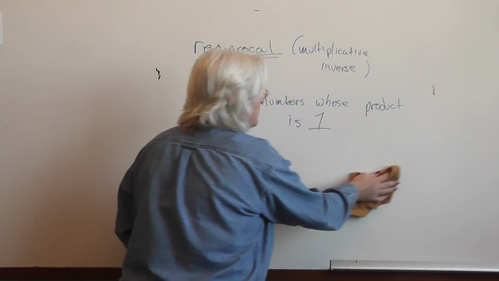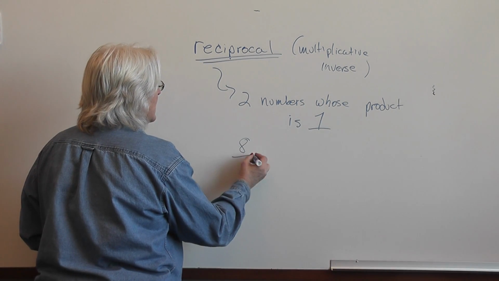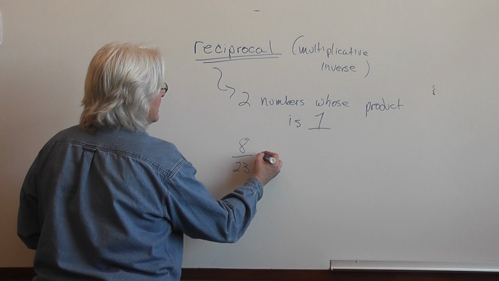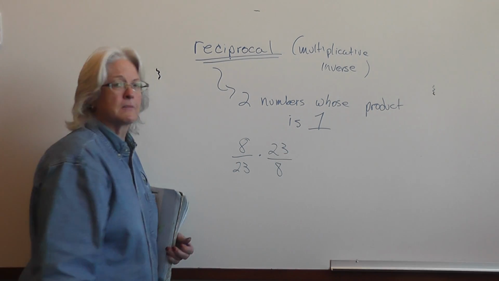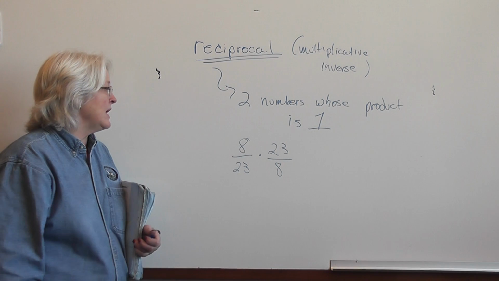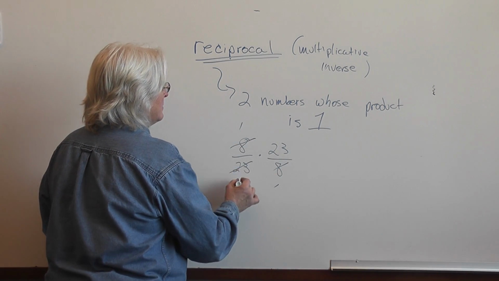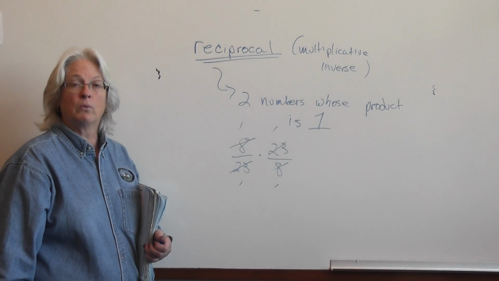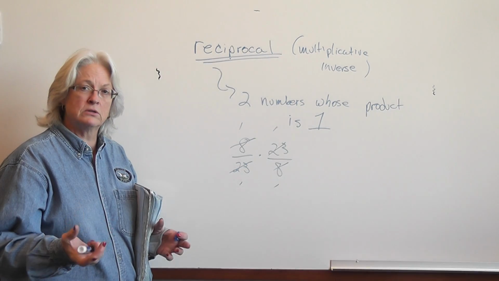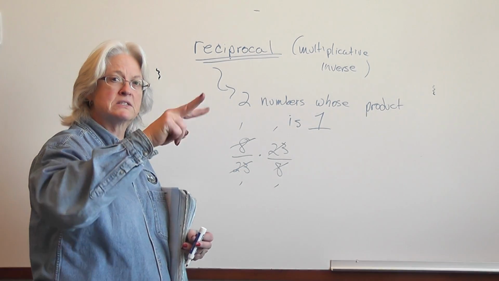You take your first number, whatever it might be, 8/23, and stand that number on its head or invert it. 23 over 8. You have a common factor of 8 that you can cancel. You have a common factor of 23 that you can cancel. And you end up with 1.